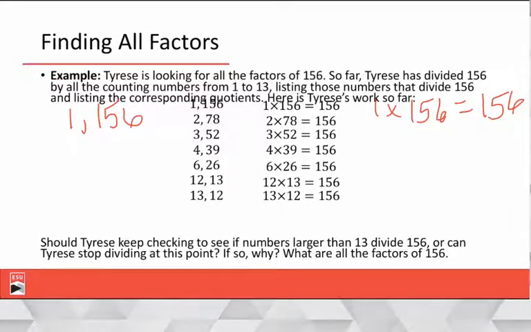Then 2 and 78, 3 times 52, 4 times 39, 6 times 26, 12 times 13, and 13 times 12. Here it asks: should Tyrese keep checking to see if numbers larger than 13 divide 156, or can he stop dividing at this point? If so, why?